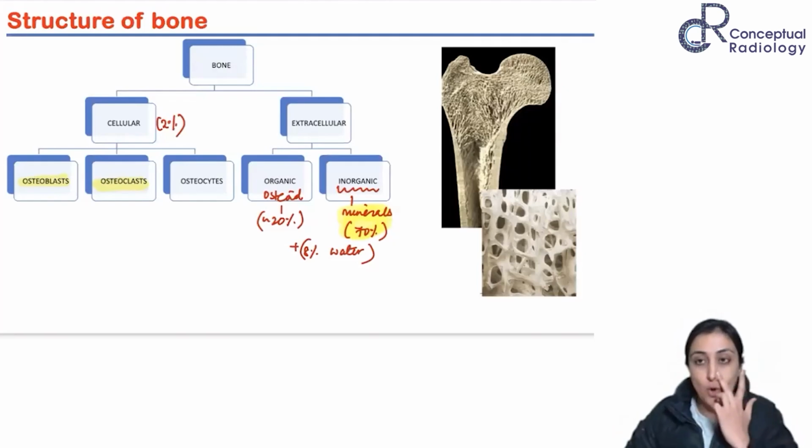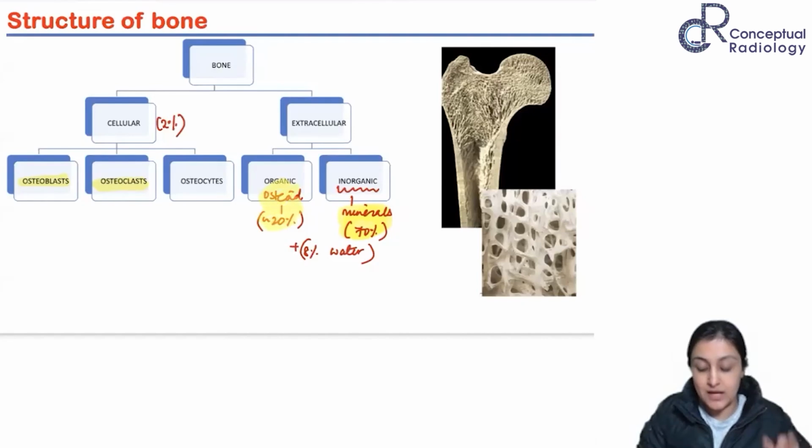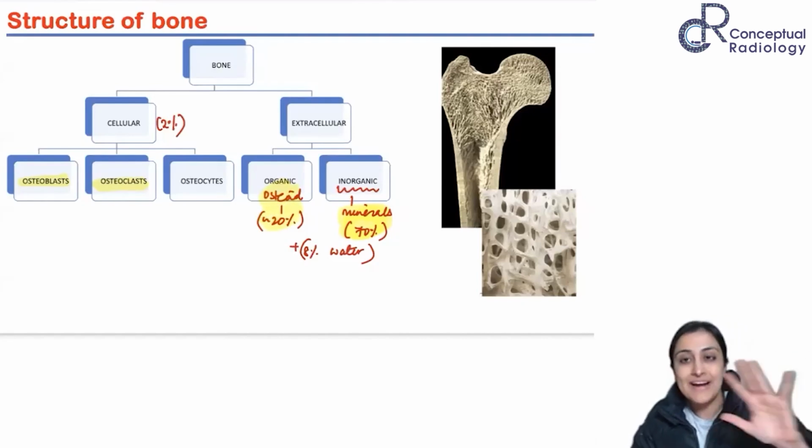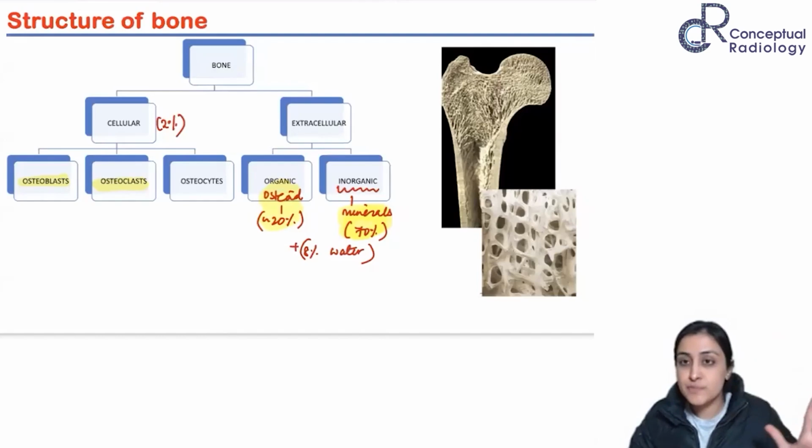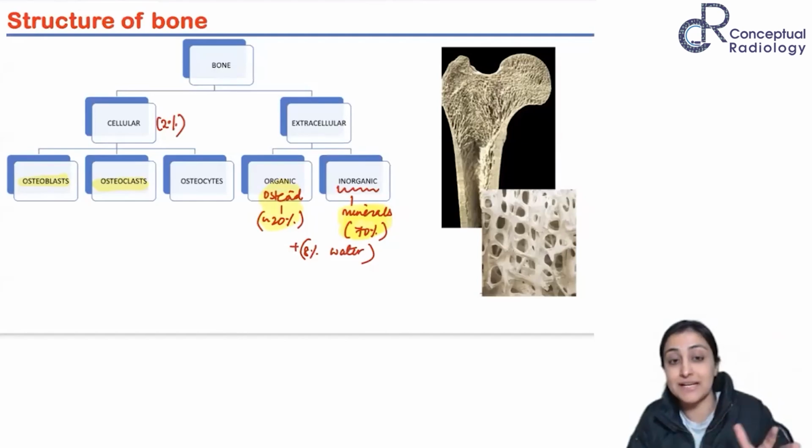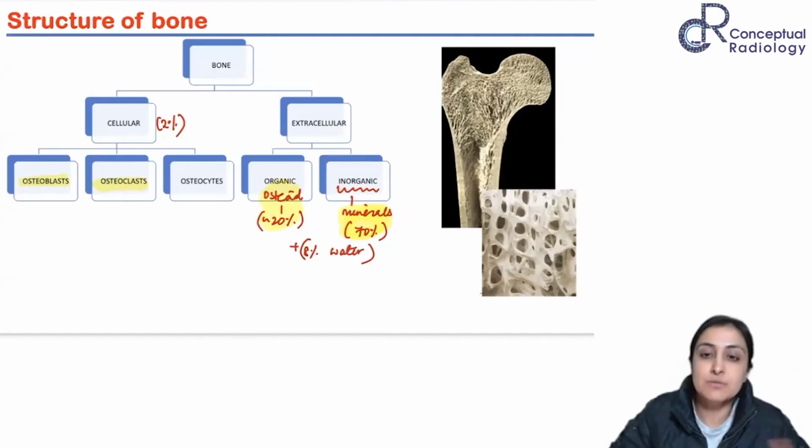When we talk about the osteoid matrix, two diseases which go together are going to be scurvy and osteoporosis. In osteoporosis, there is a generalized reduction in this osteoid, whereas in scurvy, we have a defect in collagen. I hope you remember that vitamin C is responsible for hydroxylation of lysine and proline.